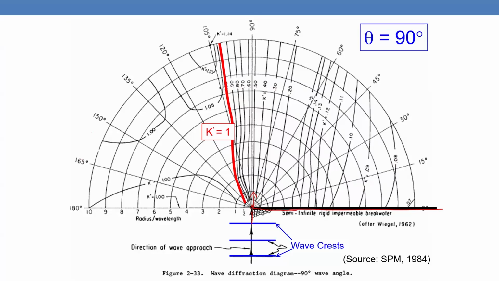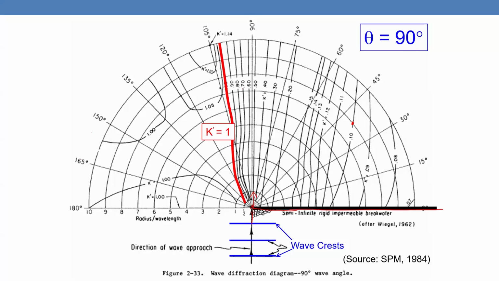So, for example, if I want to know the value over here, then you have to know what r is over here and what the angle is. Then over here, K will be 0.1. So if the wave over here is 2 meters, then over here it's only 0.2 meters. Does that make sense? That's how you look at this whole thing.